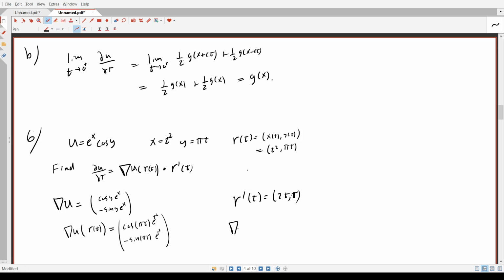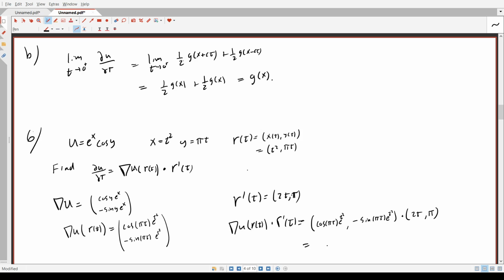So the gradient of u at r of t dot r prime of t, I should be using column vectors, or row vectors, whatever. So this is going to be cosine of pi t e to the t squared, minus sine pi t e to the t squared, dot 2t, pi.